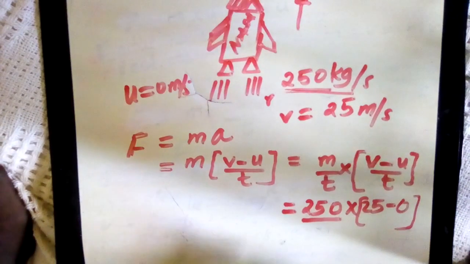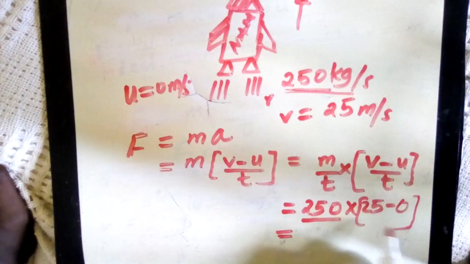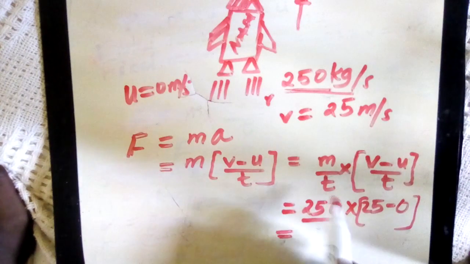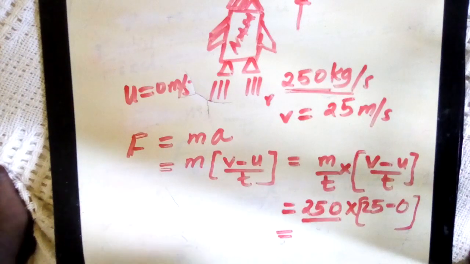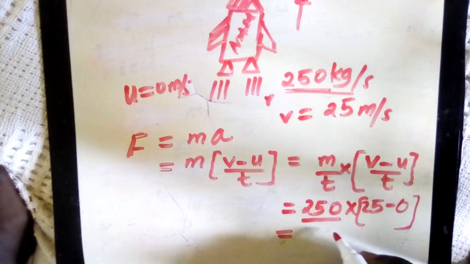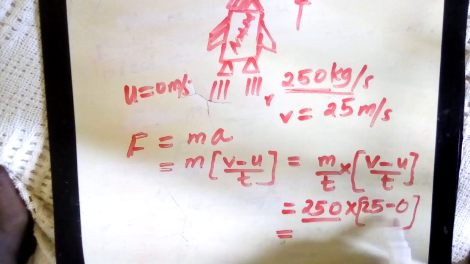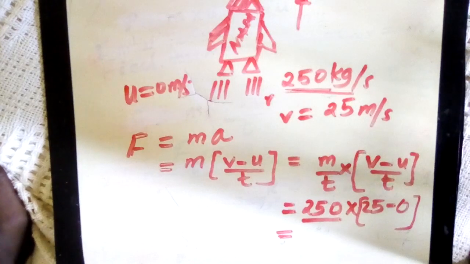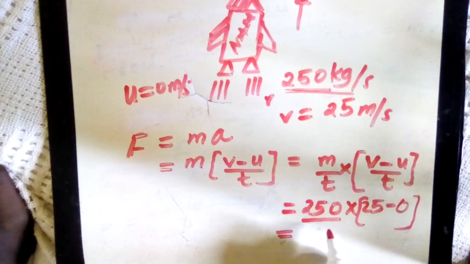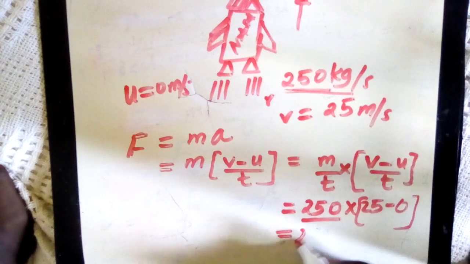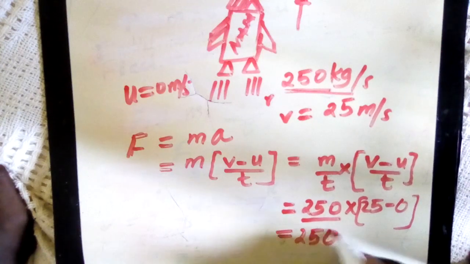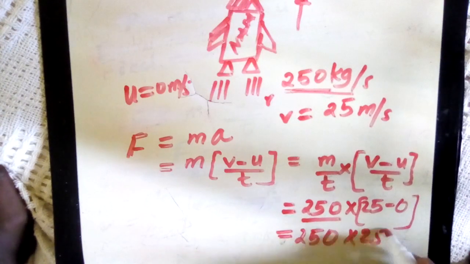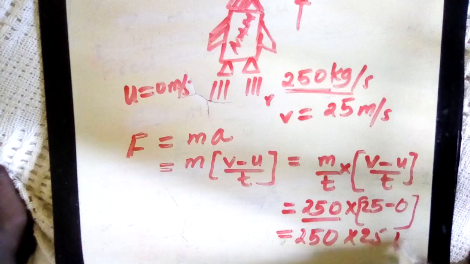And then remember, I have not put the time because this is the rate of emission of gases. This is in kilogram per second, so there's no need of putting the time here. So we take 25 in order to simplify this problem. So we have 250 multiplied by 25, and then at the end we're going to have newtons.